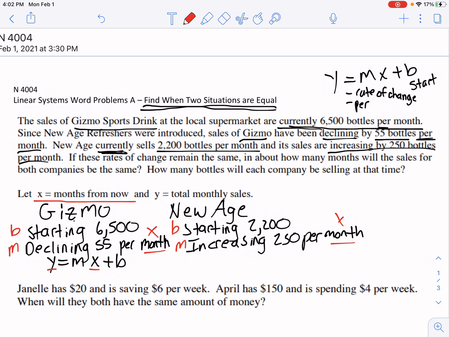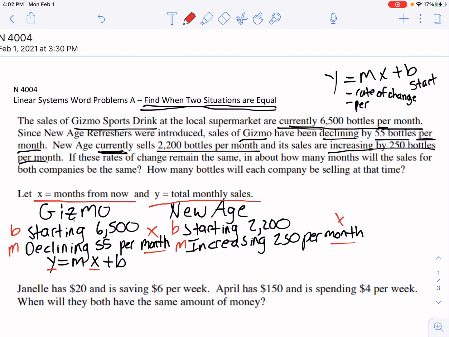In Gizmo, we're decreasing by 55 bottles per month, and with New Age, we're increasing by 250 per month. So that's going to be our x, which means our y is the total number of bottles that we're selling that particular month, or in another way to put it, the total monthly sales.